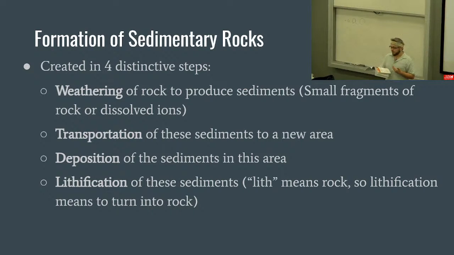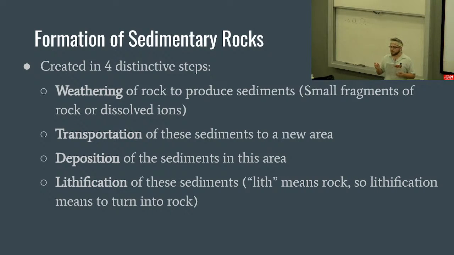Weathering can be broken down into either mechanical weathering, which means a physical force has physically touched the rock in order to break off small pieces of sediment, or chemical weathering, which is some acidic type of liquid.